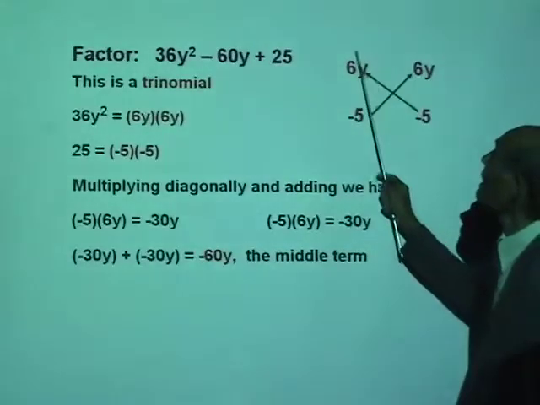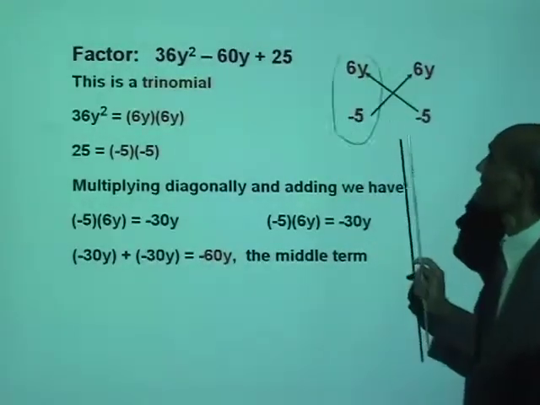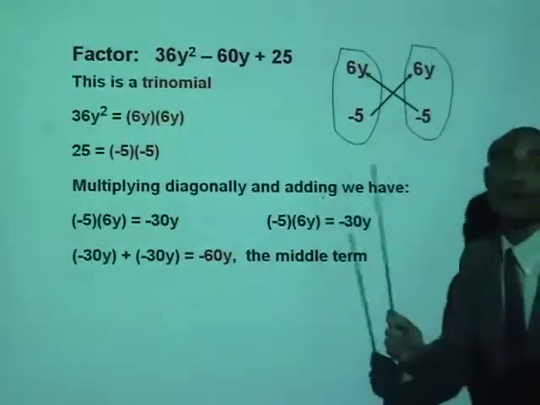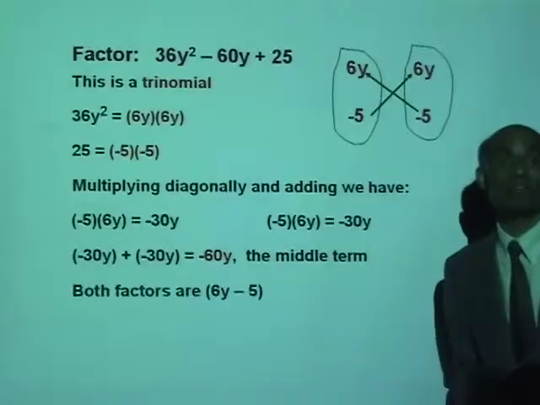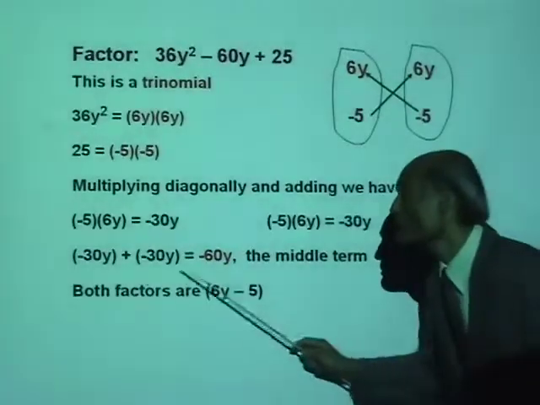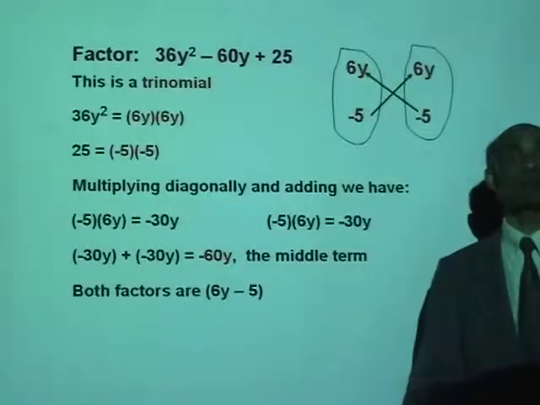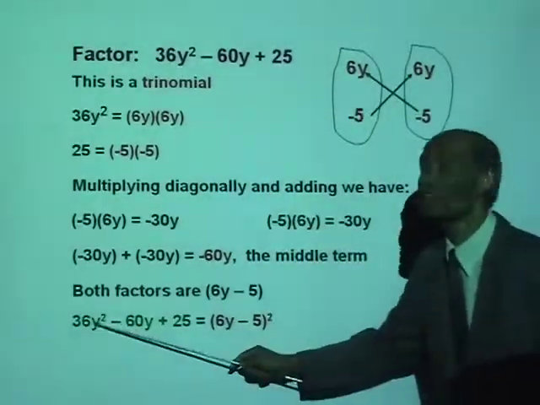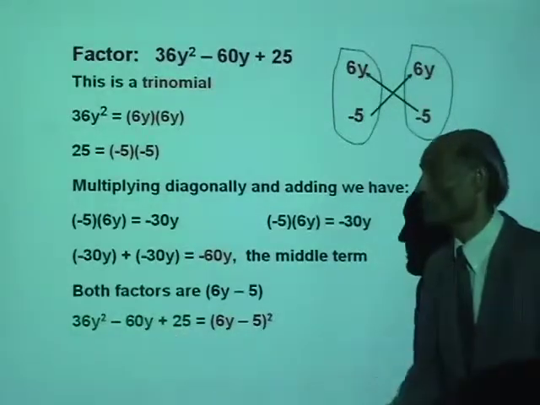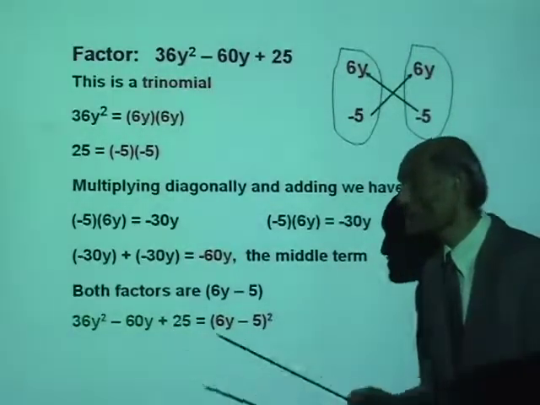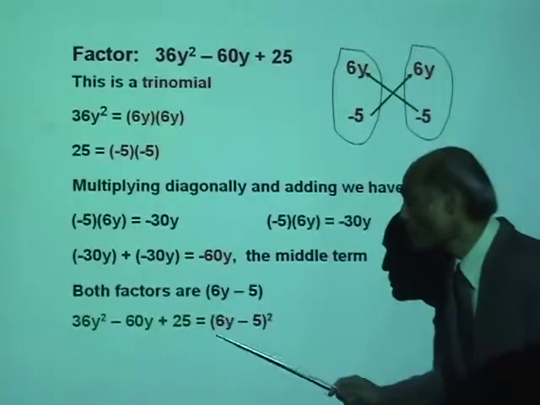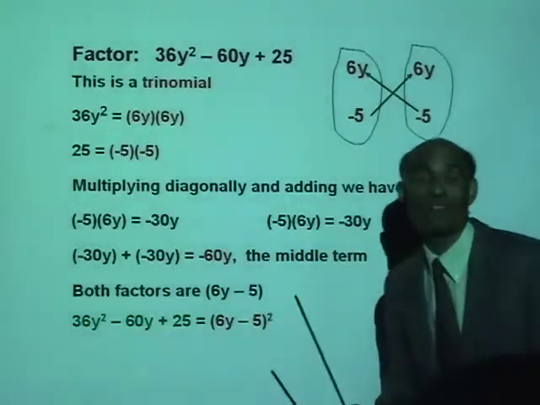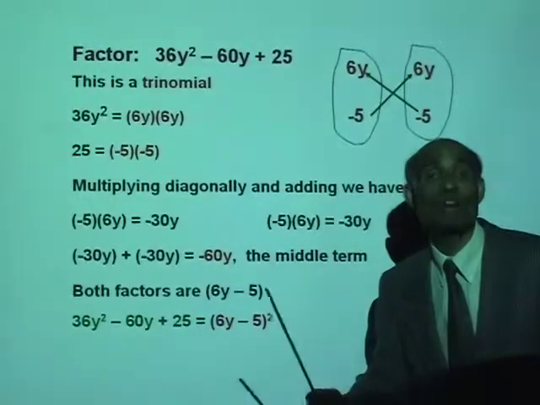The first factor is 6y minus 5. The second factor also is 6y minus 5. So both factors are 6y minus 5. Therefore, this trinomial 36y squared minus 60y plus 25 is the quantity 6y minus 5 all squared. Perfect square factors.